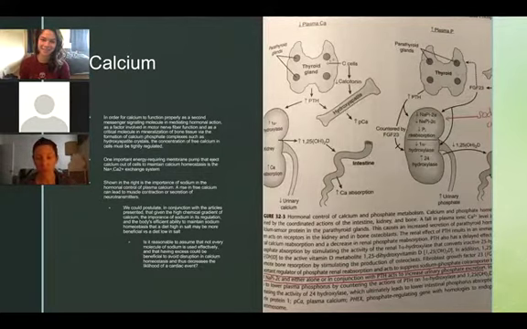So calcium is really important as a messenger in our body. You can see on the right, I grabbed one image from the Stepanek text where you can see in the kidney itself where sodium is important in regulating how calcium is moving through these membranes.